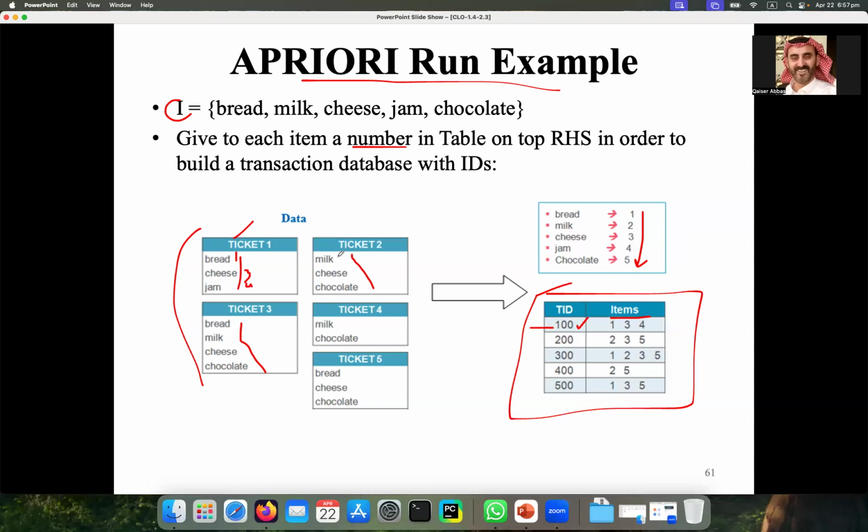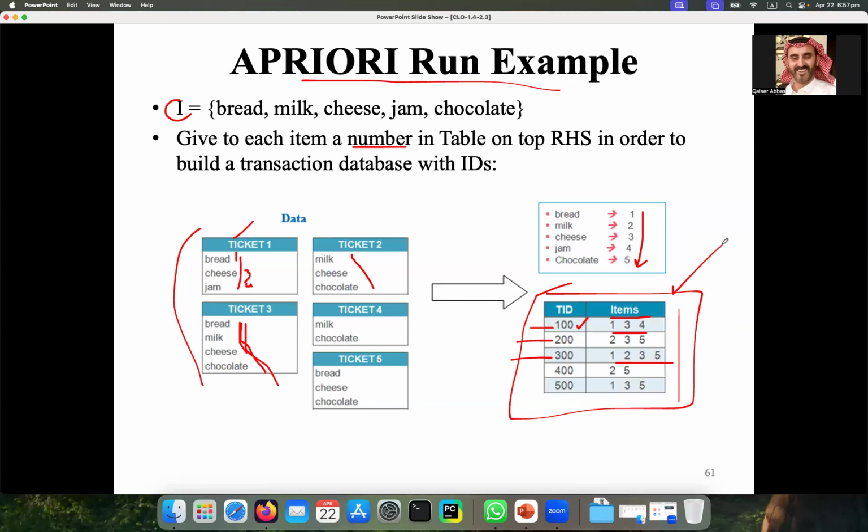Similarly for ticket two, the numbers would be 235, and you can give it ID 200. Similarly for tickets with five elements or four elements, as in ticket three, and so on. I hope you understood how we are creating this data set.